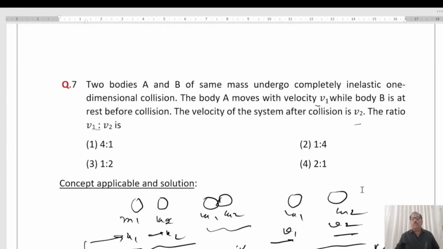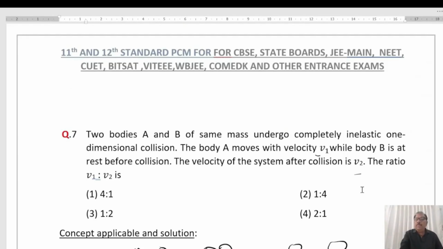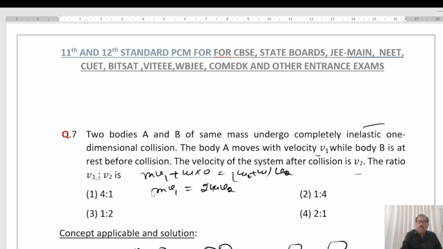Now, come to the question. It is perfectly inelastic, so by conservation of momentum, m into v1 plus m into 0 equals (m plus m) into v2, since e equals 0. Then m v1 equals twice m v2, so v1 over v2 equals 2 is to 1.